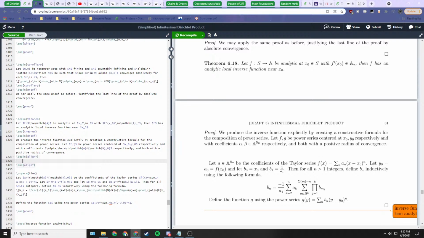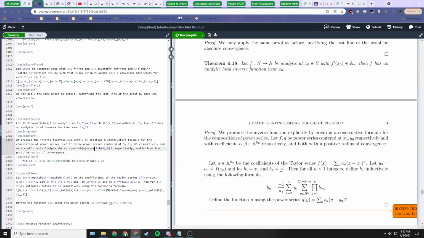So we'll say f of g of x is going to be equal to a summation over n in n0 of alpha sub n times g. Actually, we'll make it a little easier on ourselves.